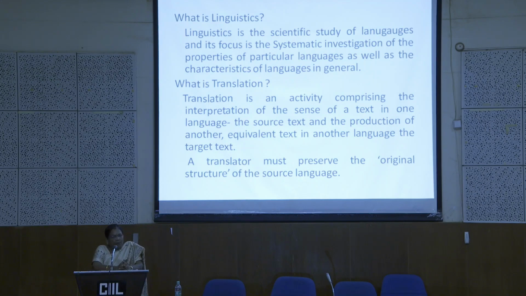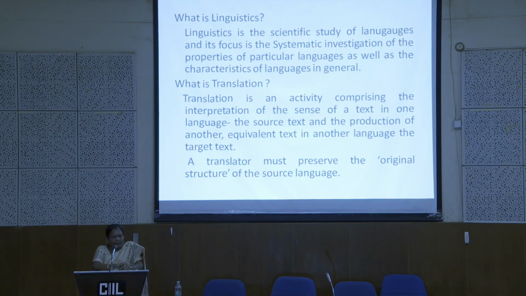That's why I will talk first about linguistics, what the structure of a language is, and then translation, in tomorrow's session. Before that, we should know what the types of translation are. I told you that translation is rewording or converting a message from one language to another language. Then there are three types of translation.